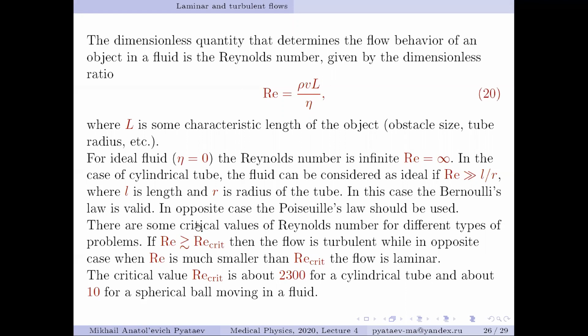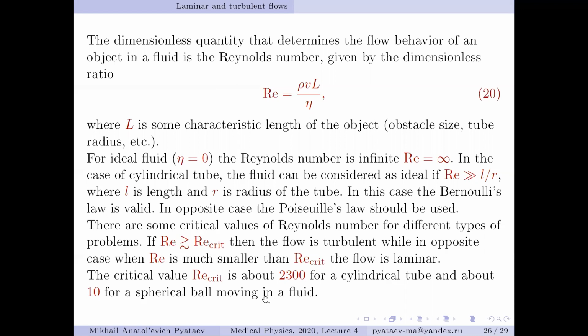There is a critical Reynolds number for every sort of problem, for every geometry of problem. And if a Reynolds number of some sort of flow is larger than critical, then the flow becomes turbulent.